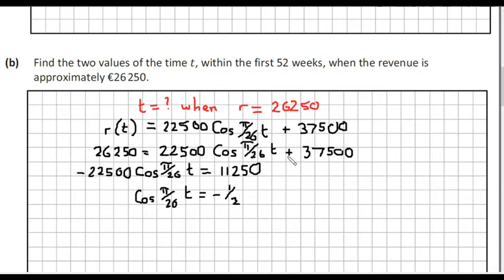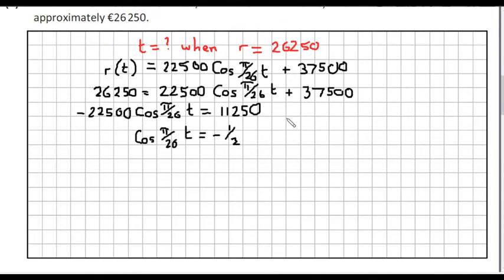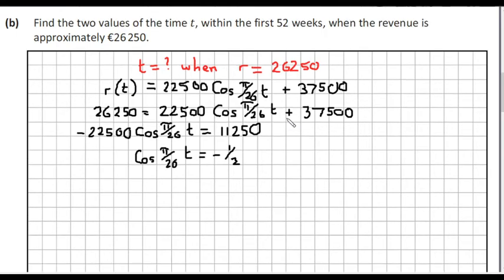Now, it's looking here for two values of t, within the first 52 weeks. So, one way of doing this would be to just temporarily let that angle there be capital A. So just say we had cos of A was minus a half. So this goes back to trigonometry. Say you had cos of A is minus a half.